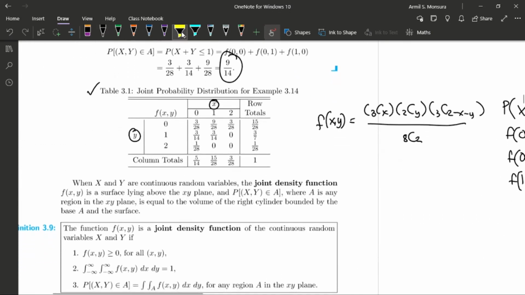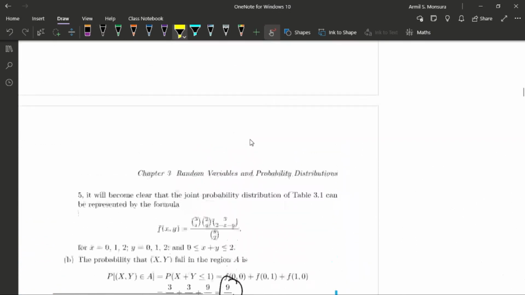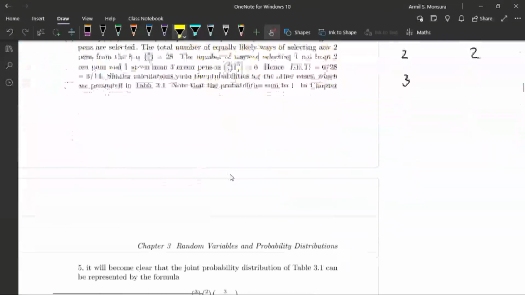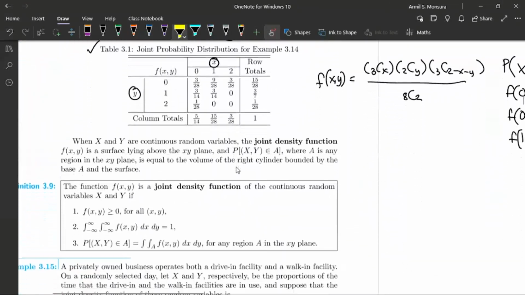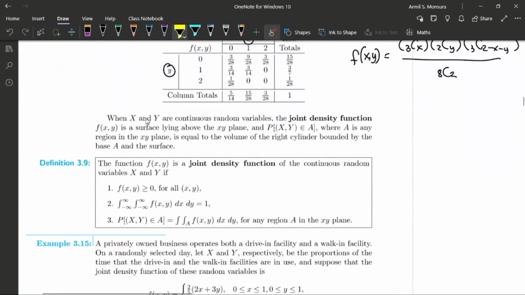So when x and y, for example 3.14, are continuous random variables, we're now on the continuous case. We now have the joint density function f of xy as a surface lying above the xy plane.